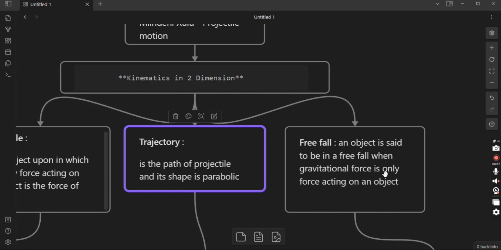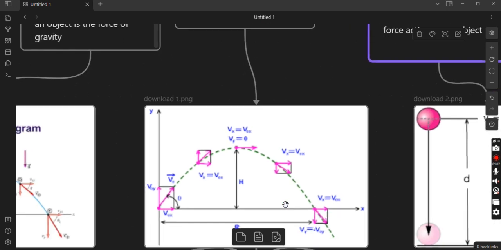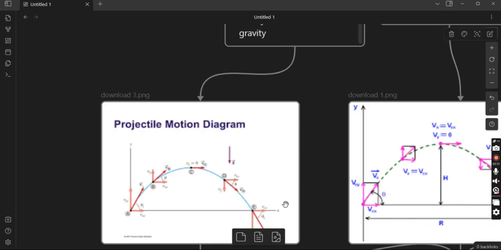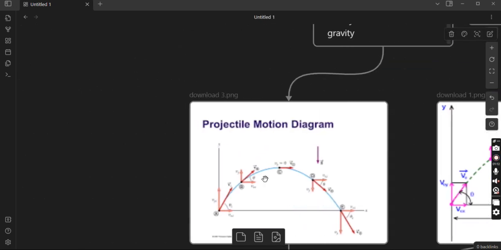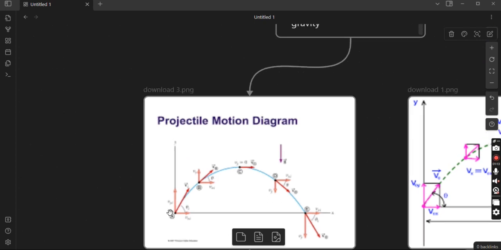Okay, and then here, guys, I gave you some examples. Let me start with this one, the projectile. We have the projectile. We have the velocity which is separated into two components, the x component and the y component.